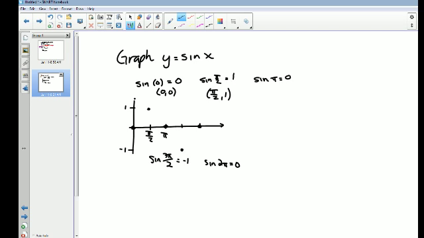If I'm graphing the parent function, my scale is usually pi over 2, pi, 3 pi over 2, and 2 pi. So this function ends up looking like that.